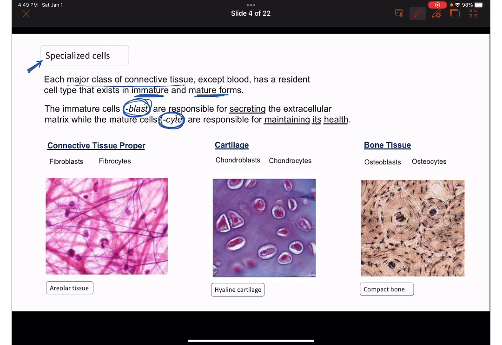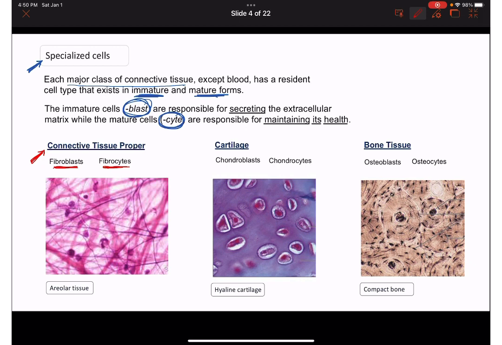So the specialized cells we're going to find in connective tissue proper, which again includes areolar tissue, adipose tissue, dense regular, and dense irregular connective tissue. The specialized cells we're going to find in these connective tissues are fibroblasts and fibrocytes.